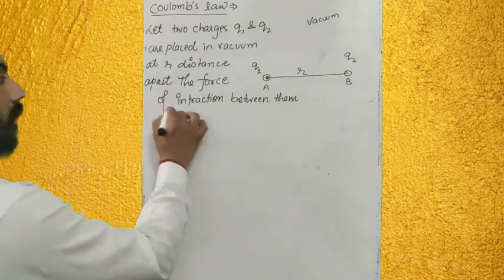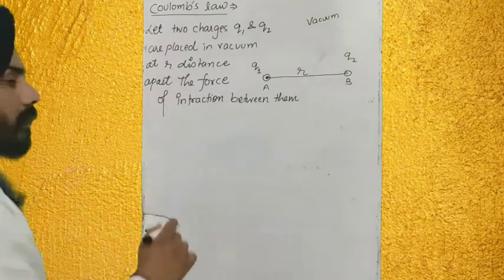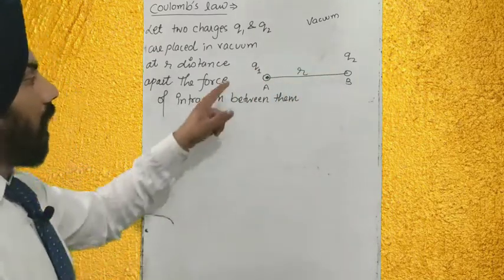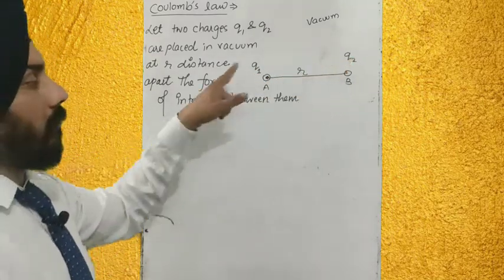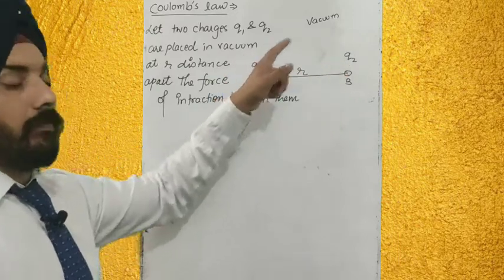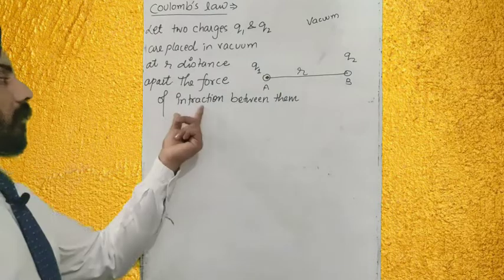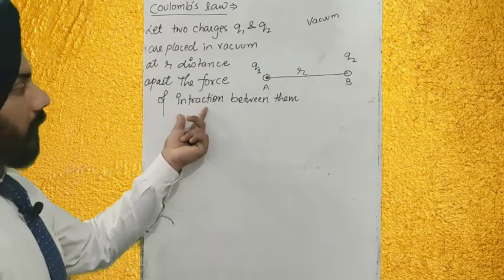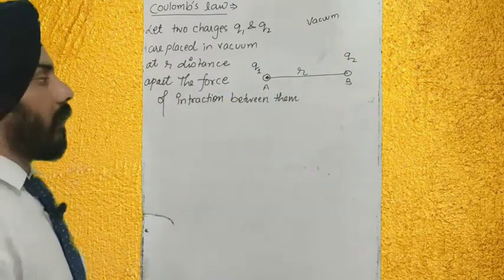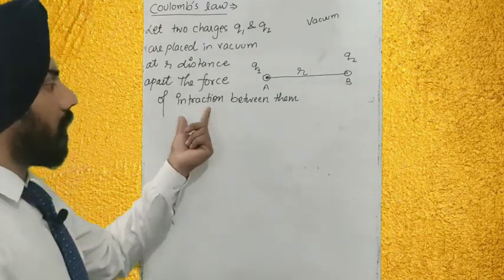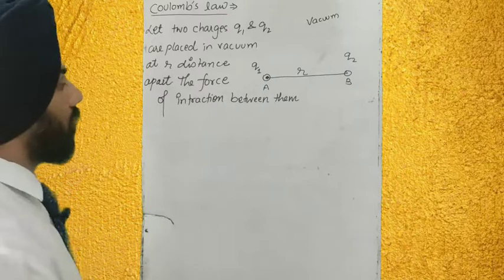and this force of interaction can be repulsive or attractive, depending upon the sign of the charges. Are they both positive, or both negative, or one positive and the other negative? If they are unlike charges, then the force of interaction will be attraction. If they are like charges, the force of interaction will be repulsive.